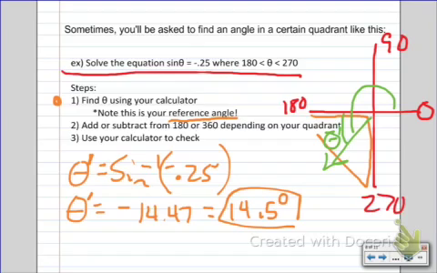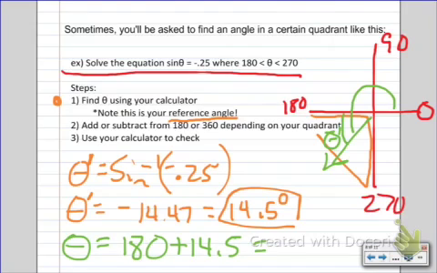Before, we were finding reference angles by subtracting 180. Now we're looking for the big angle, so we're doing the opposite. To find that, I'm going to take 180 plus 14.5. 180 plus 14.5 is 194.5.